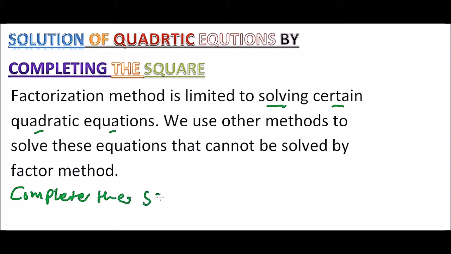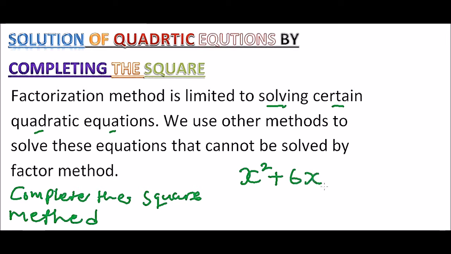Complete the square method. So we have an example of an equation which we cannot use the factor method. That is, we have x squared plus 6x plus 3 is equal to 0.